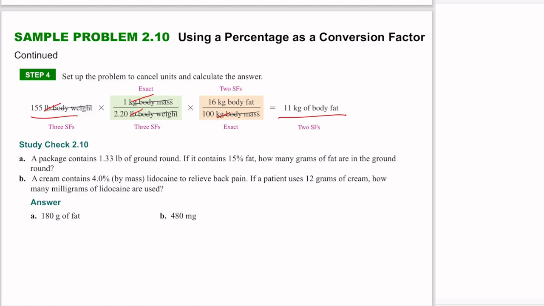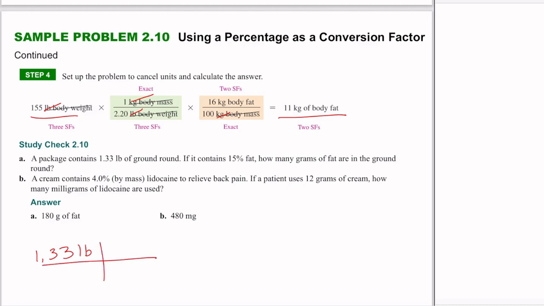A package contains 1.33 pounds of ground round. If it contains 15% fat, how many grams of fat are in the ground round? So we're starting with 1.33 pounds of ground round. We need to convert first pounds to kilograms.